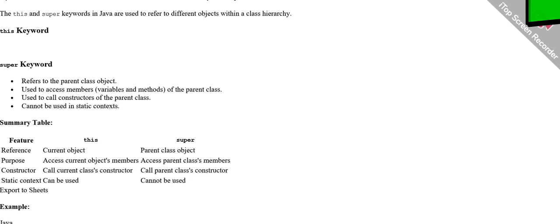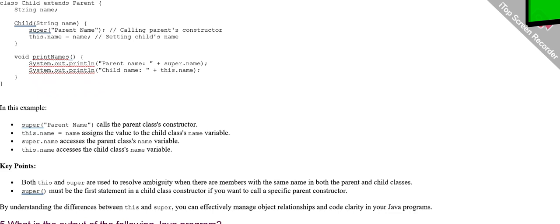Example. Java. Class Parent. String name. Class Child extends Parent. String name.